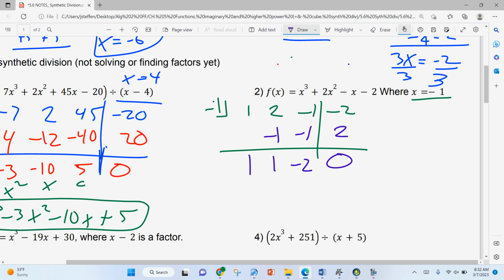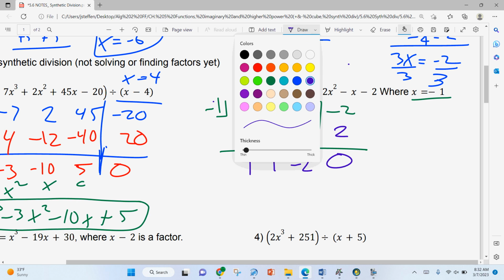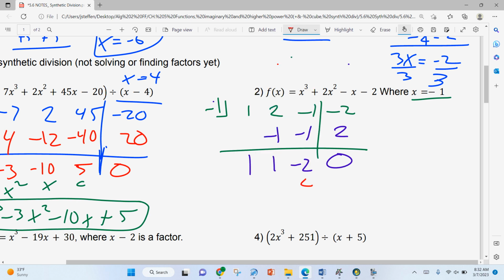Now, technically, your first number is going to be an x squared because we started with x to the third. But you don't really need to know that. I just know this is my constant. So that's my x squared. So your answer is x squared plus x minus 2.